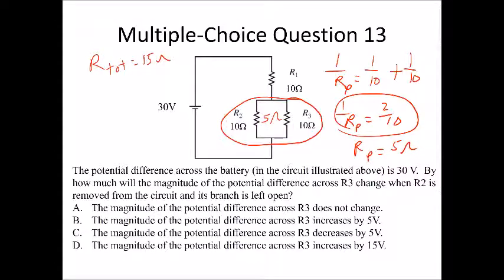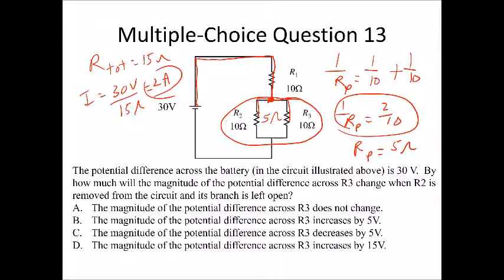All right, now we're going to find the current. So we're going to say I equals V, 30 volt battery, over equivalent resistance, 15. We'll get 2 amps of current. So as it sits now, the 2 amps is going to flow from the positive terminal. It's all going to go through resistor 1. It's going to get to this junction right here. Since these two resistors are the same, R2 and R3, the current's going to split evenly. 1 amp's going to go this way, 1 amp's going to go this way.